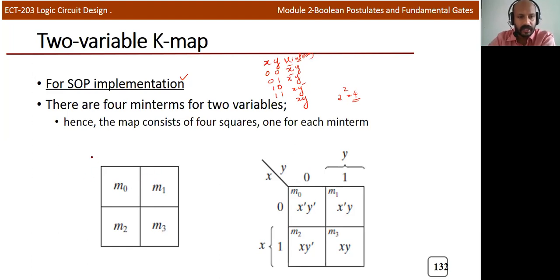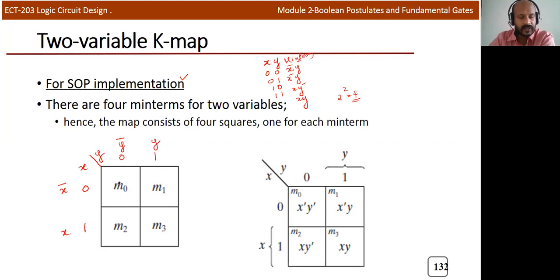For 2 variables, x and y, I can write one variable row wise and the other column wise. x can take 2 values, 0 and 1, and y can also take 2 values, 0 and 1. The 0 is represented by x bar and 1 is represented by x. Here the 0 is represented by y bar, and here the 1 is represented by y.